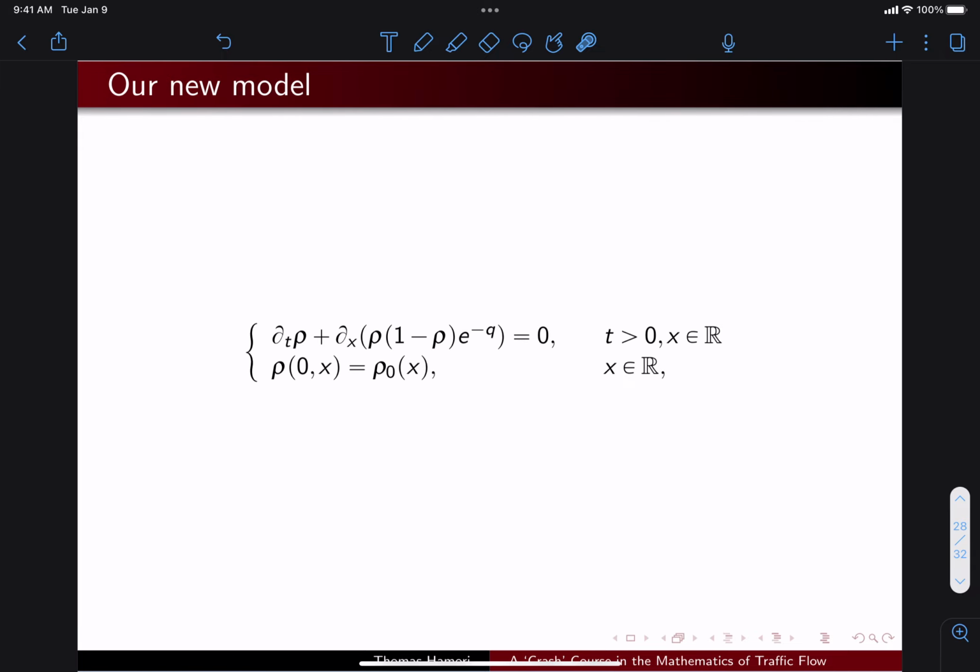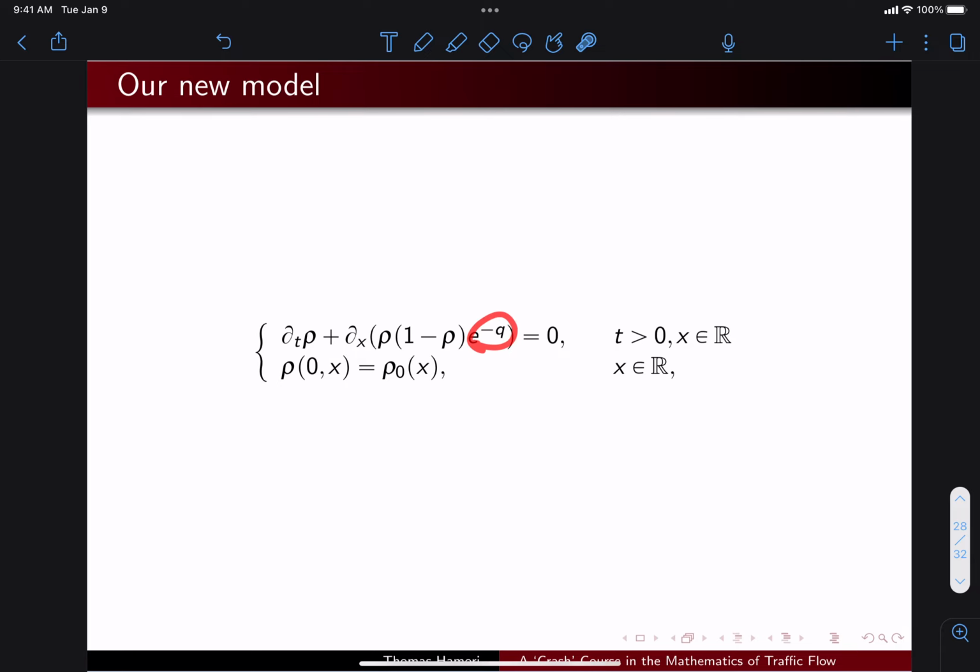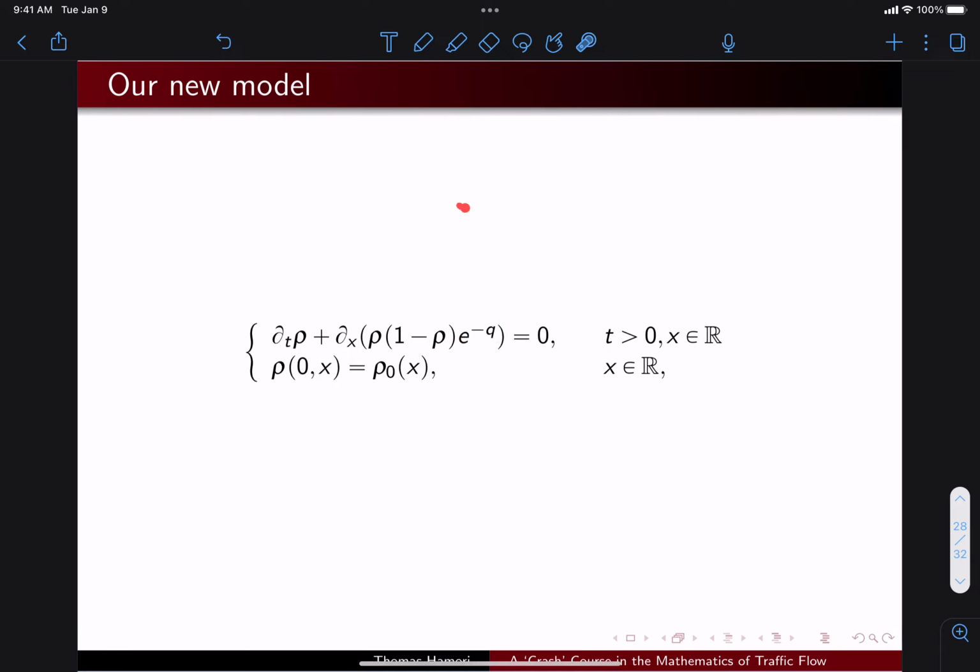Okay, so that's what we're going to do. How is that quantity q going to become involved here? We have e to the minus q. If q is large, what kind of number is e to the minus q? Small, right? So if there's lots of cars in front of me, I'm going to multiply my velocity by a small number.